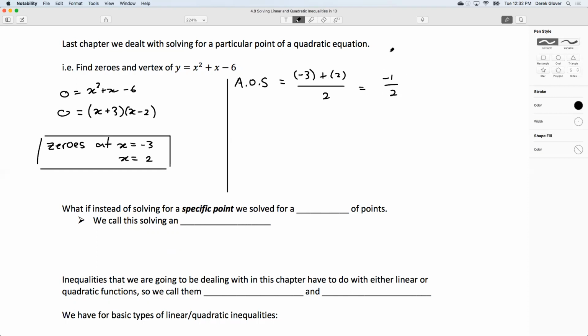We can then plug this back into our function, and we can find the y coordinate. So y equals negative 1/2 squared plus 1/2 minus 6, which is going to give us, just hold on a second here.